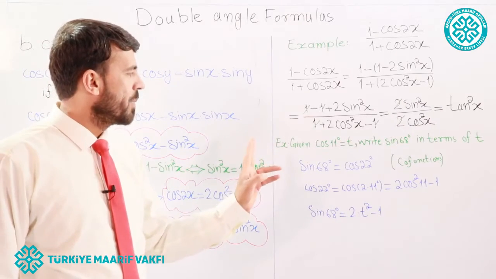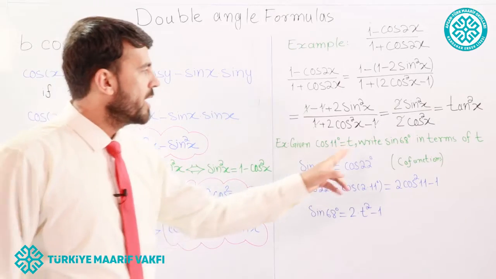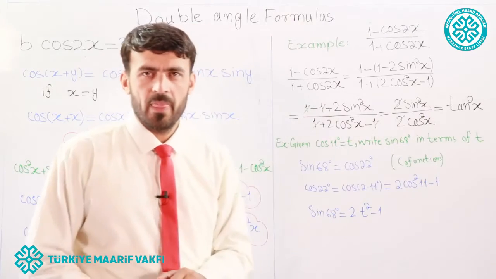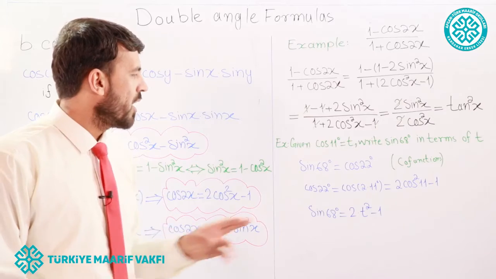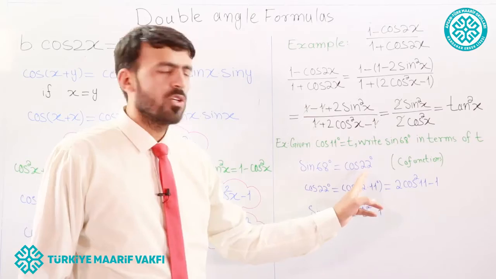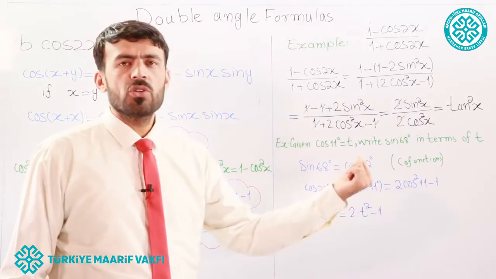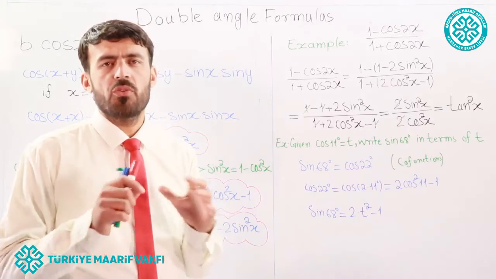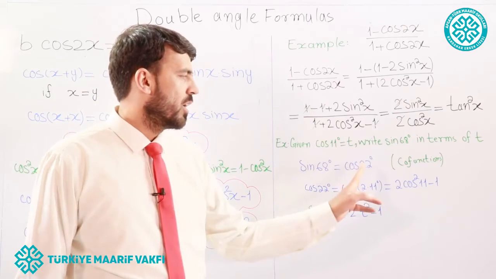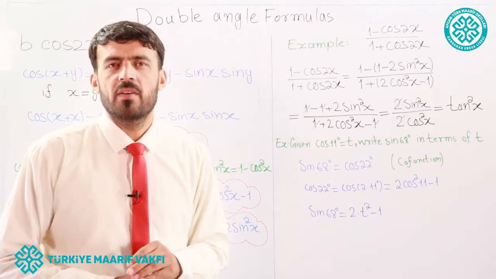Also, I'm going to solve another example. In this example, we have cosine 11 degree equal to t. Write sine 68 degree in terms of t. At first, we can write sine 68 degree is equal to cosine 22 degree, because sine and cosine are co-functions of each other, and if we add 68 with 22, we will have 90.